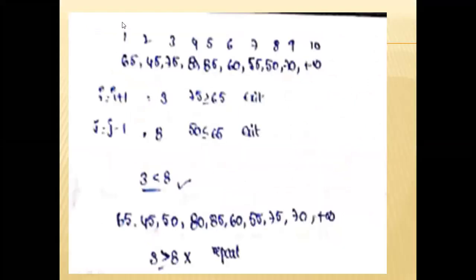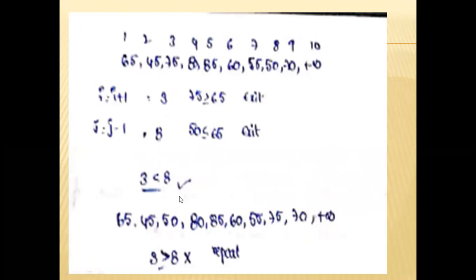Next, in the same way, compare the third element with the eighth element. Here the third element is 75, and the eighth element is 50. By comparing the two elements, interchange them.